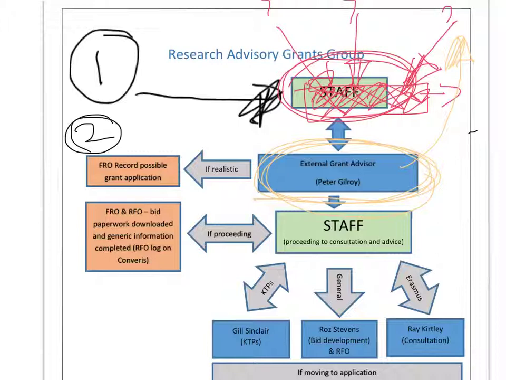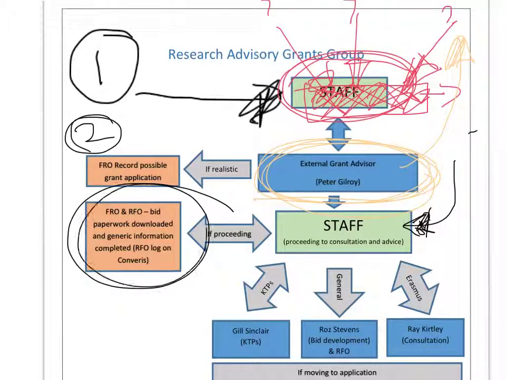The rest of this then seems to fall into line, because I think the real process then starts with this member of staff pushing forwards the bid with the support of the research office, faculty office, and the relevant person. So I think at this stage, which would be number 3, you'd be looking for support of the relevant person.